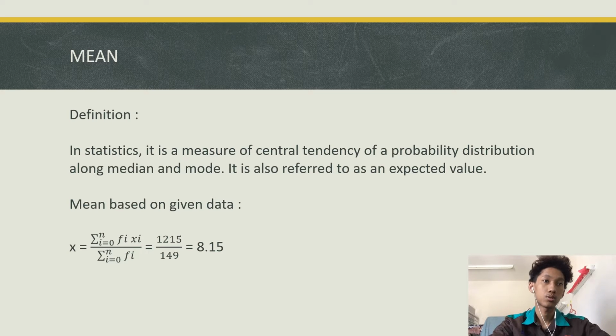So the mean based on the given data is by this formula: x equals the total of frequency multiplied by class midpoint divided by the total frequency, so that you will get 1215 divided by 149. That gives you an answer of 8.15.